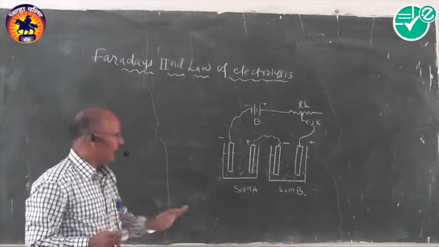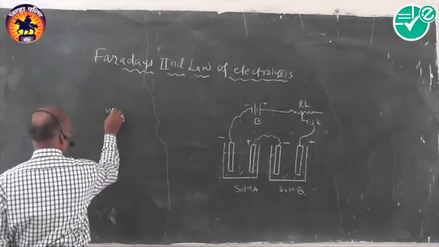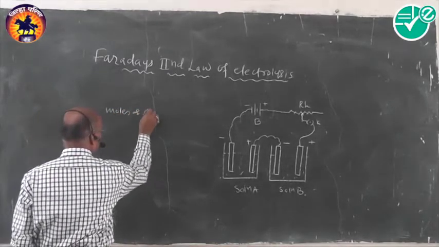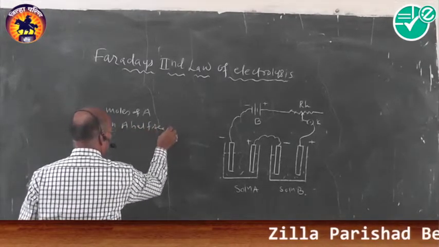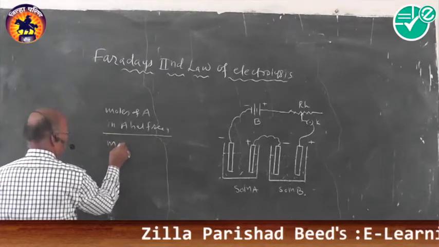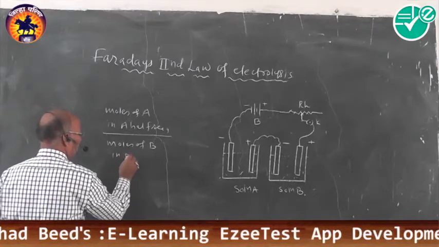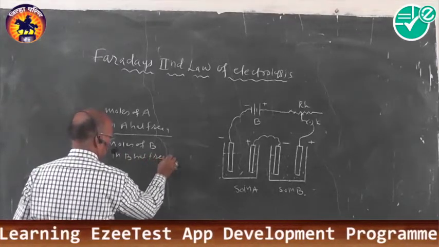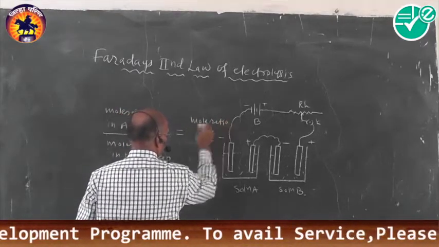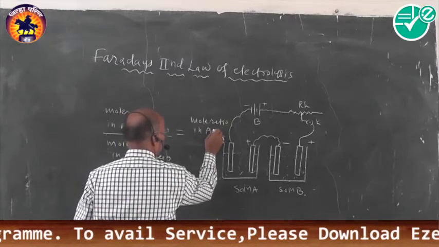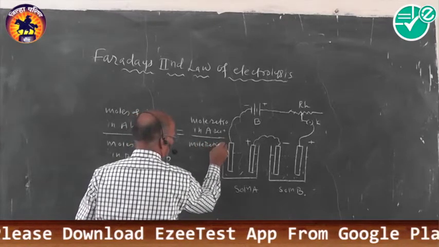If someone wants to write the expression for this, we can simply put it as an equation like this. Check yourself. Moles of A deposited in the A half reaction, divided by moles of B deposited in the B half reaction, is always equal to the mole ratio in the A half reaction divided by the mole ratio in the B half reaction.